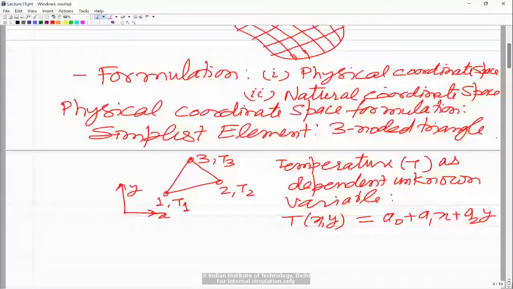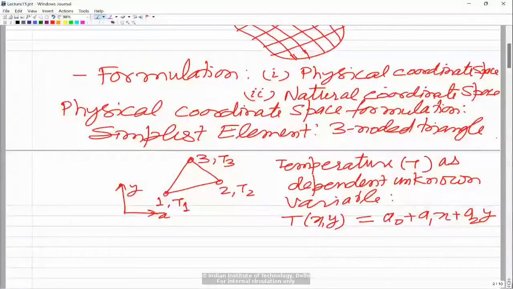Now, one thing you will notice here: in the 1D problem, the unknown variable was a function of only one coordinate. So one of the criteria to assume an approximate solution is to satisfy the geometric invariance. In 1D problems it is trivial, but in 2D and 3D problems that becomes important.